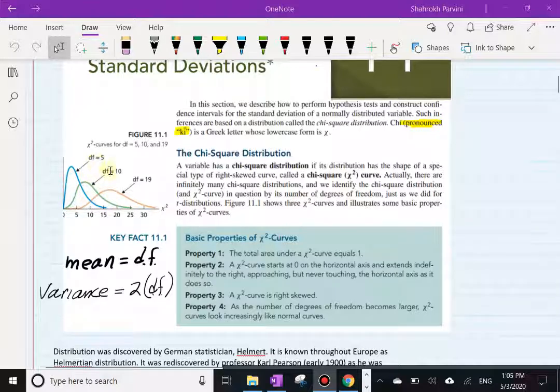As the degrees of freedom increases, you can see it goes from 5 to 10 to 19, the distribution becomes more and more like a normal distribution. In fact, for very large degrees of freedom, the distribution approaches normality.